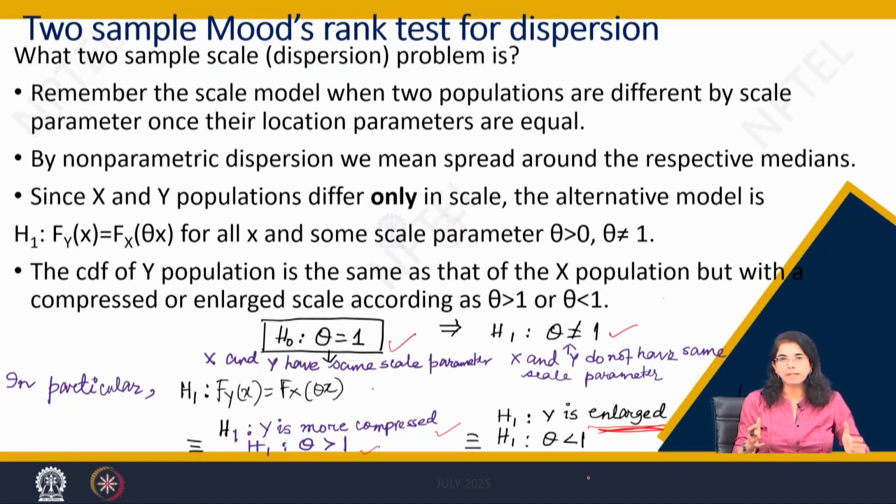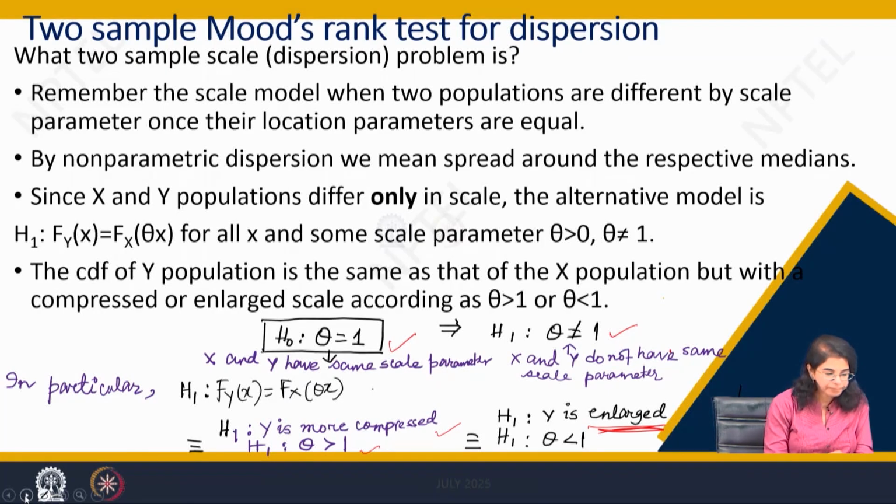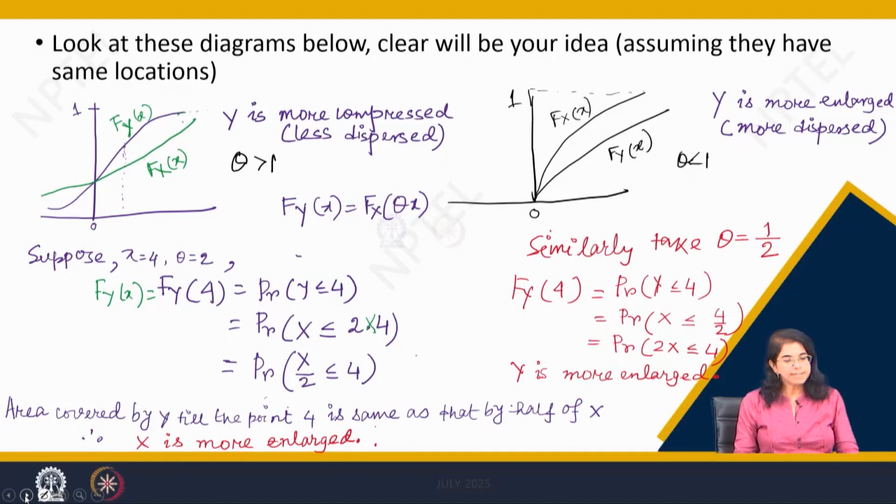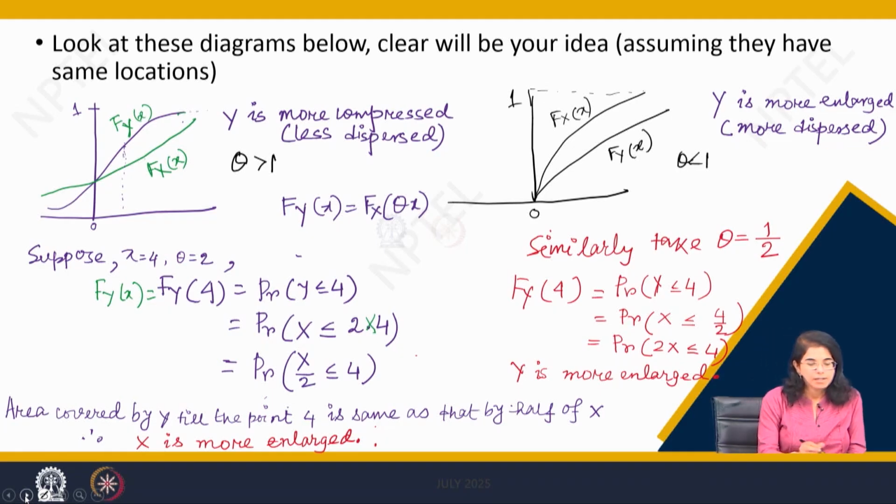Now how does it happen? Just think from your concept. Look at these diagrams below, and your idea will be clear. Suppose two distributions have the same location, F_Y(x) and F_X(x). Look at the first one.